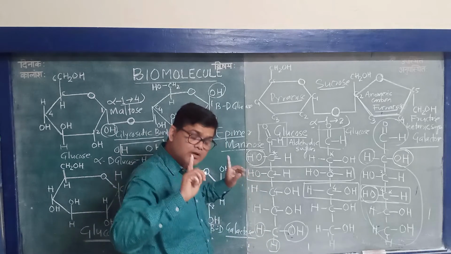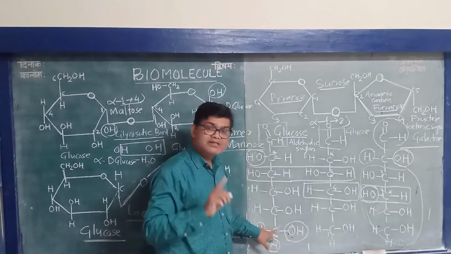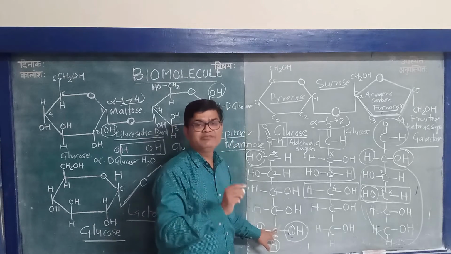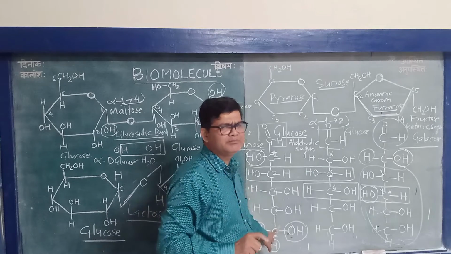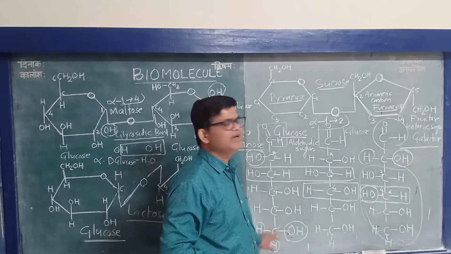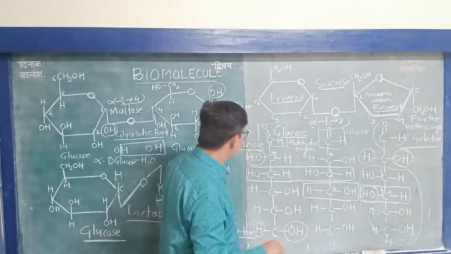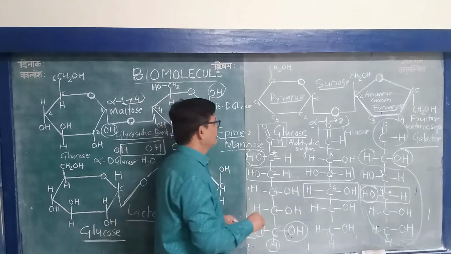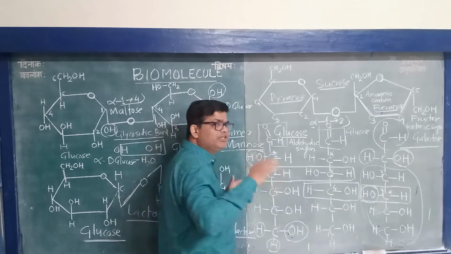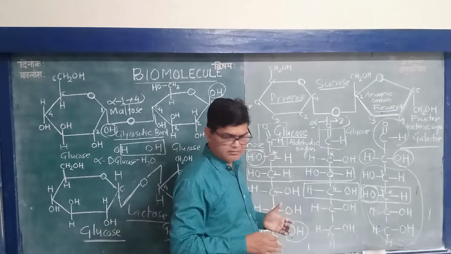If the carbon is surrounded by similar types of groups, then we cannot say it is a chiral carbon. It is not a chiral carbon, meaning a symmetrical carbon. So by counting the number of chiral carbons, we can say the possible number of isomers.